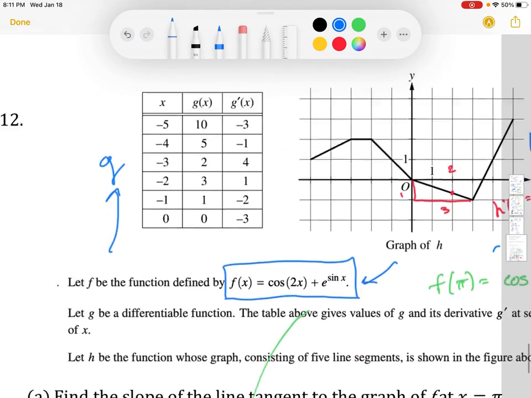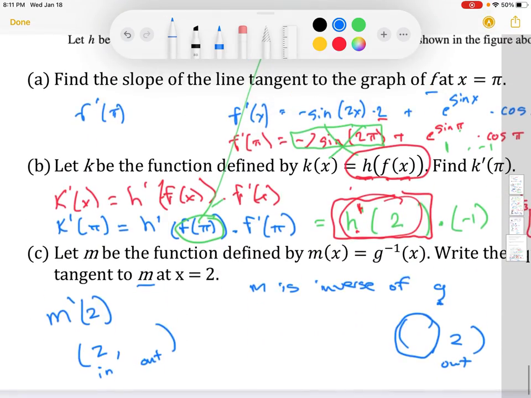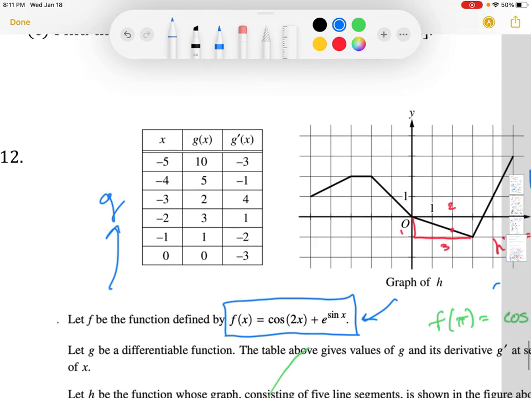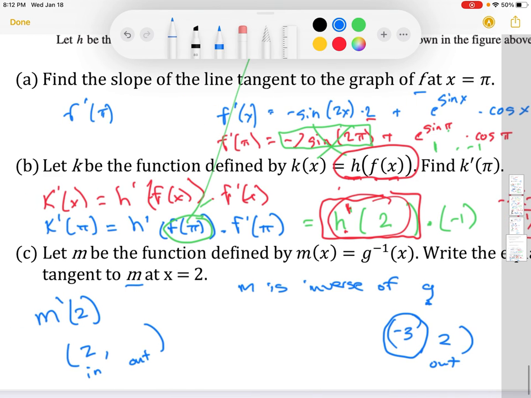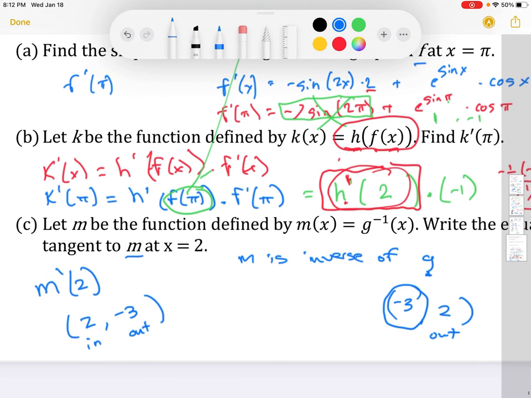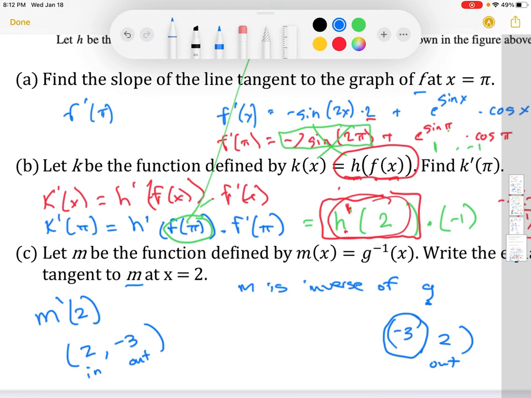Well, if I go up to the table, if 2 is the output, that marries me up with -3. So I know that this is -3. And so my first task is complete. So I know that m of 2 is equal to -3.